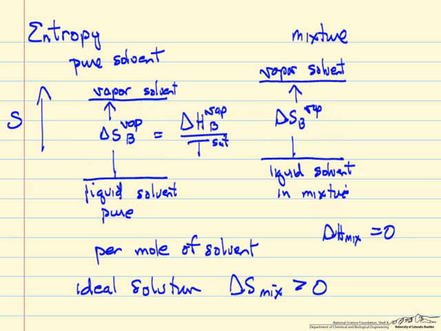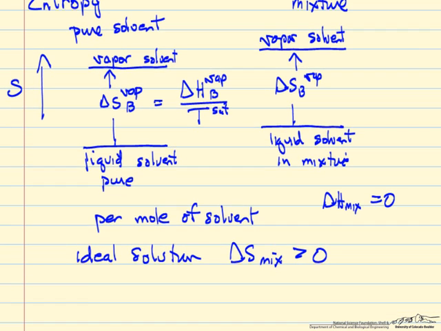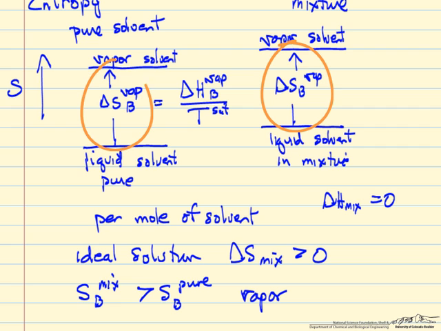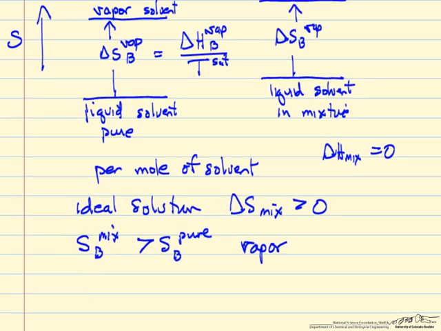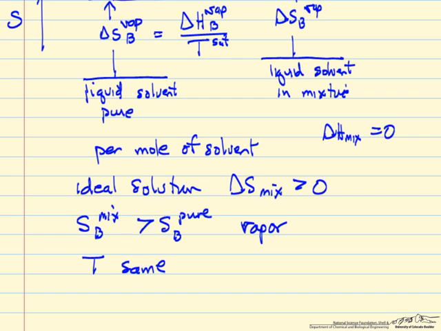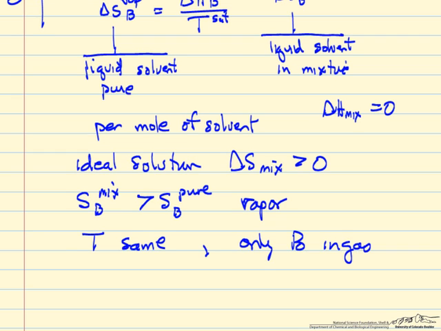What this simple diagram says is that the entropy of B, for the solvent in the mixture, is greater than the entropy of B as the pure material. And this is for the vapor phase. I'm just comparing this entropy to this entropy. The entropy is higher in the gas phase. The temperature is the same. In both cases, the gas phase is only B. Temperature's fixed, entropy is higher.